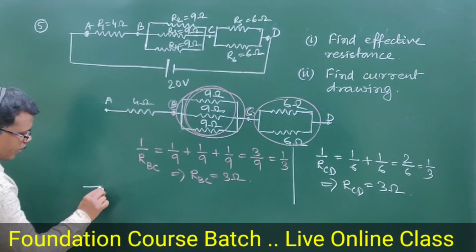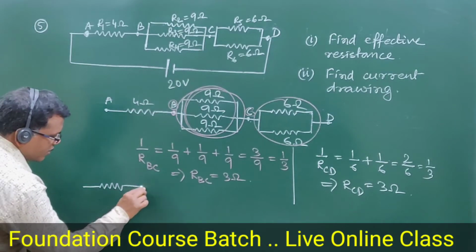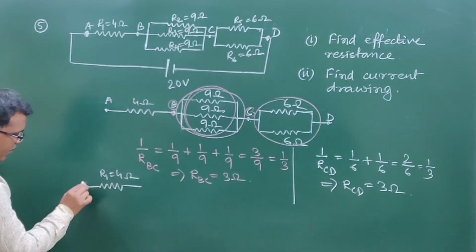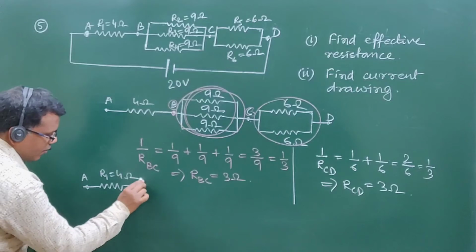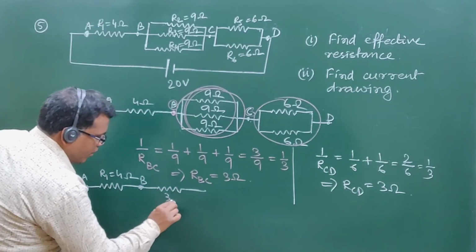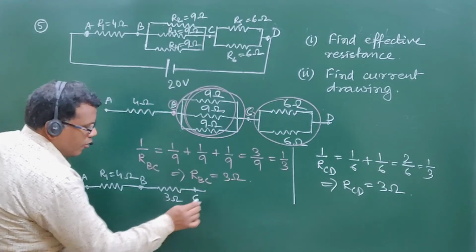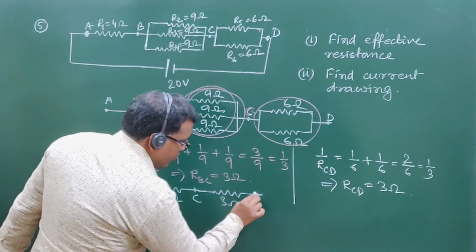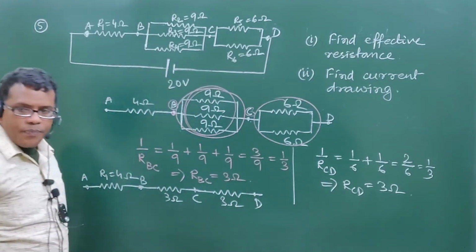So ultimately, there is a single resistor R1 of 4 ohm between A and B, which is in parallel with 3 ohm between B and C, which is further in series with another 3 ohm between C and D. Yes or no?